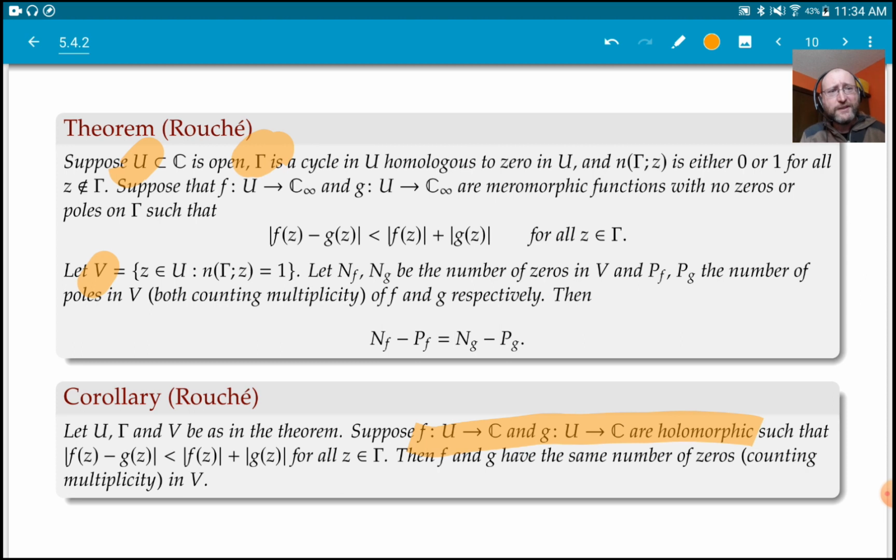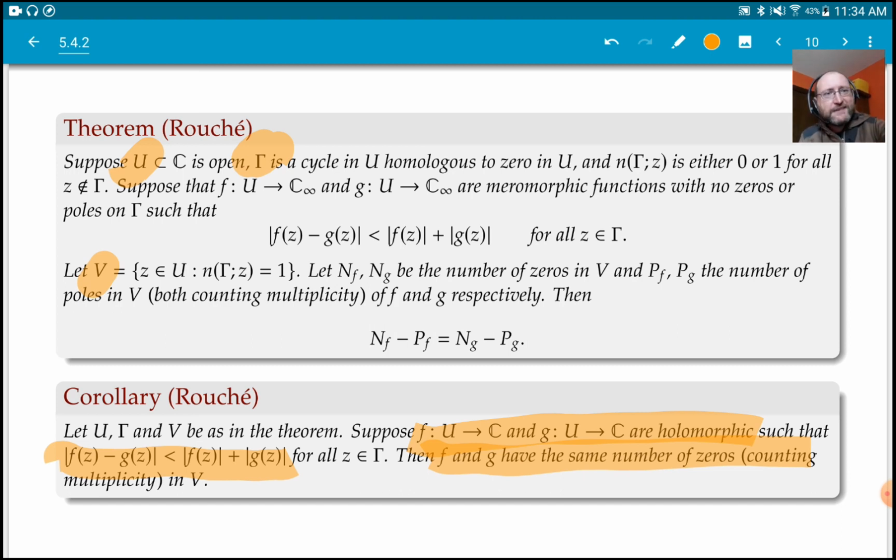And now you don't have to worry about checking if these zeros are on gamma, because we're going to assume this strict inequality, and it cannot possibly hold if f or g has a zero on gamma. So that makes the statement simpler. If you get the strict inequality on gamma, then f and g have the same number of zeros, counting multiplicity. So that's the simpler version for holomorphic functions, and it makes it a little bit easier to apply.